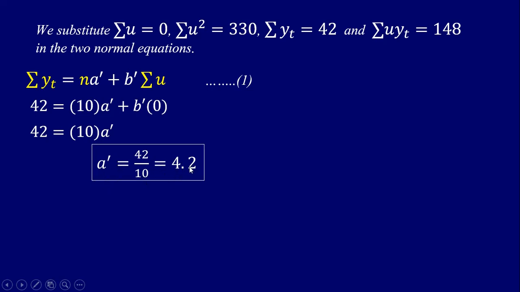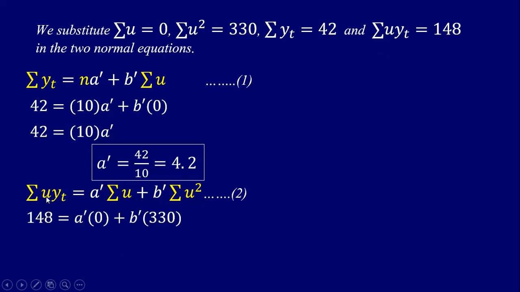Now to get the value of b dash, we substitute these values in the second normal equation, which is summation u yt is equal to a dash into summation u plus b dash into summation u square. Summation u yt we have 148, a dash we want to find, and again summation u is 0, plus b dash into summation u square, which is 330 here.